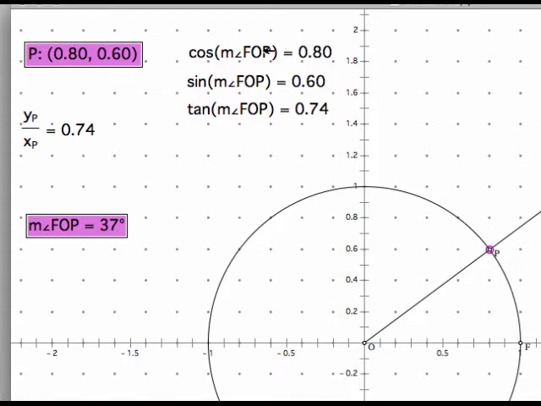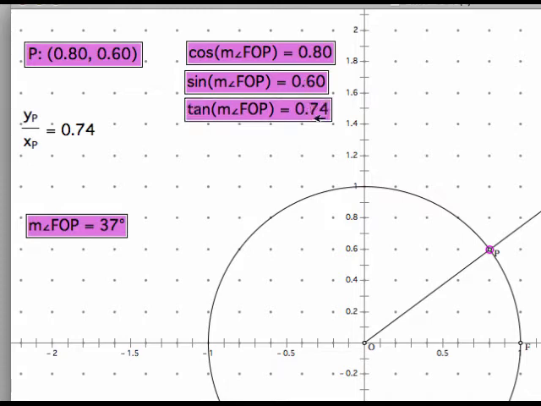You'll notice that the x coordinate of the point is the cosine if the radius of the circle is 1. Cosine is x over 1. So the x coordinate on the unit circle is the value of cosine. The y value of the point of intersection on the unit circle is sine. And tangent is the y coordinate divided by the x coordinate.